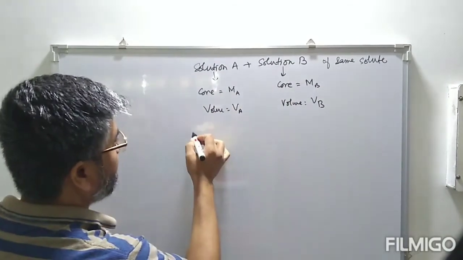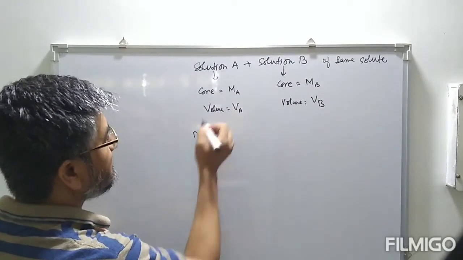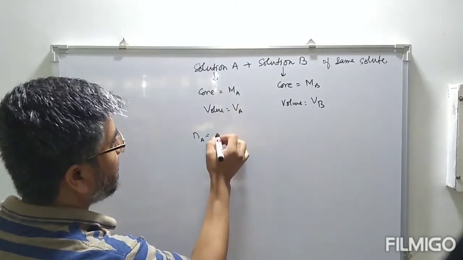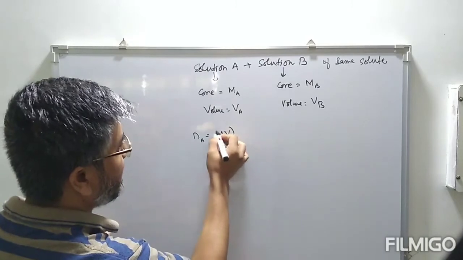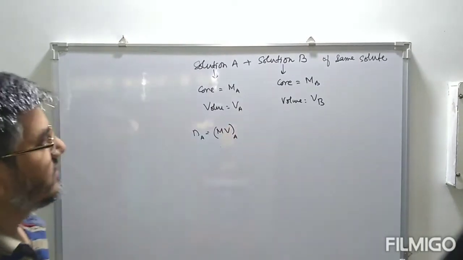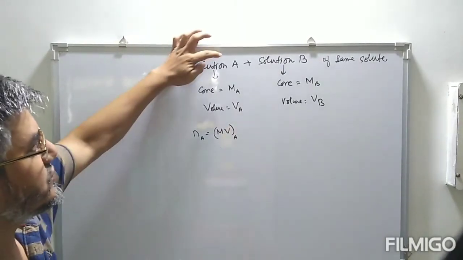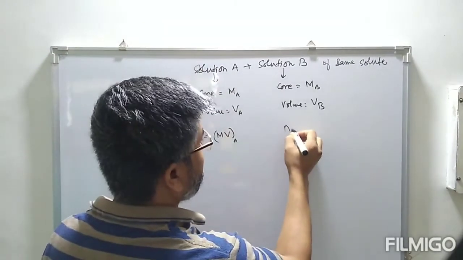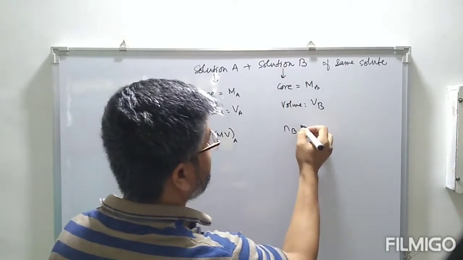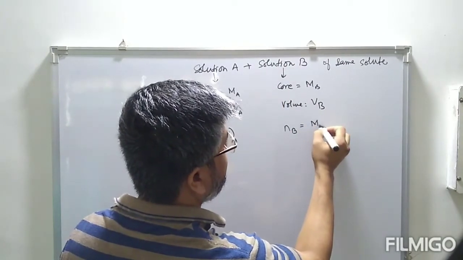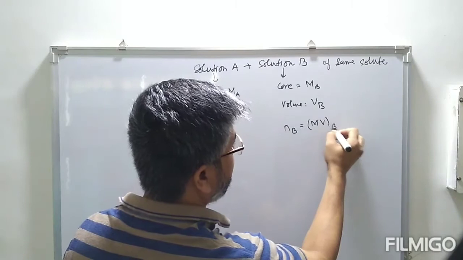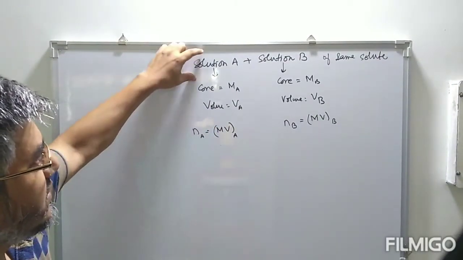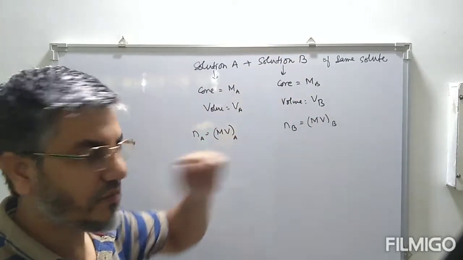So therefore, number of moles of solute in A is molarity into volume. So we have MA VA. This is the number of moles of solute in solution A, molarity into volume. Number of moles of solute in B solution, that is molarity into volume of B.